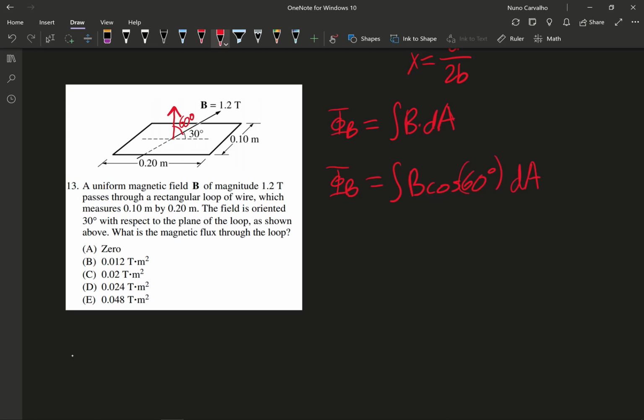And because the magnetic field here is constant, they tell us, we can then just say that the magnetic flux is going to be given by this. And when you plug in all the values for this, where A here is going to be 0.1 times 0.2, what you'll get is that the answer is B, 0.012 teslas times meter squared.